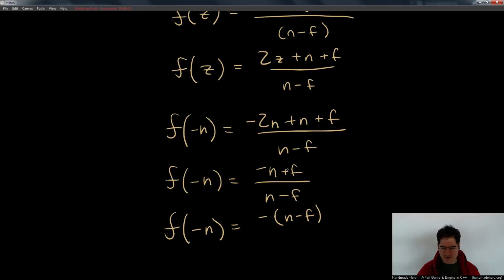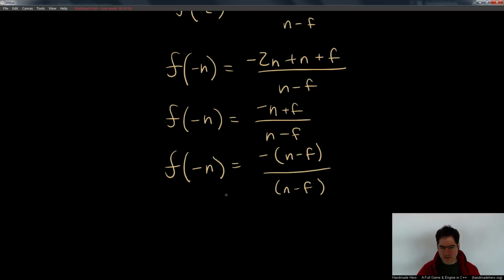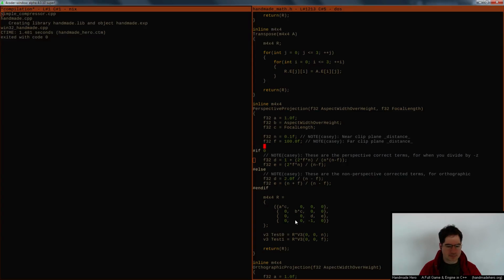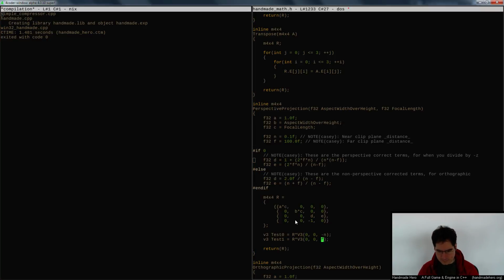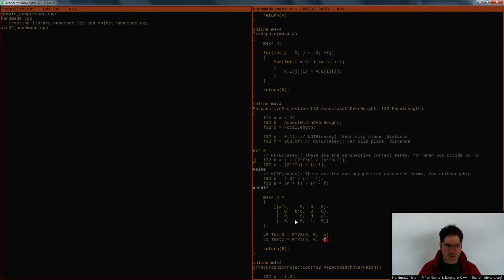Because that is f minus n, so the negative of that is n minus f, over n minus f. f of negative n should have equaled negative 1. That is what I did erroneously.